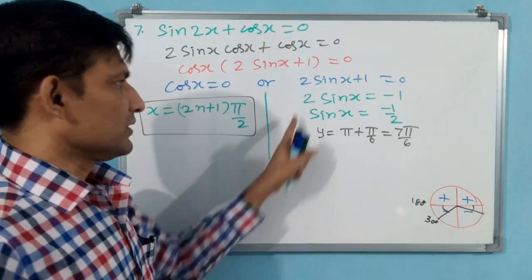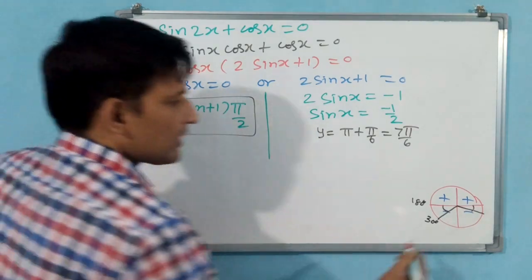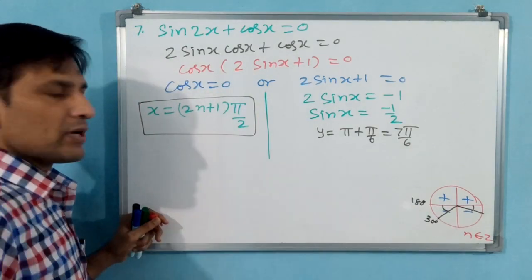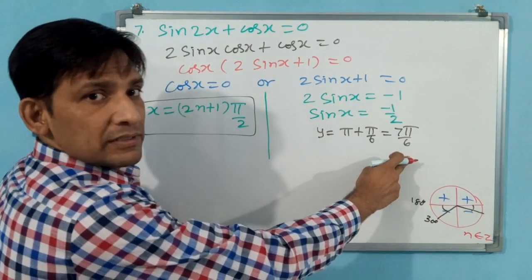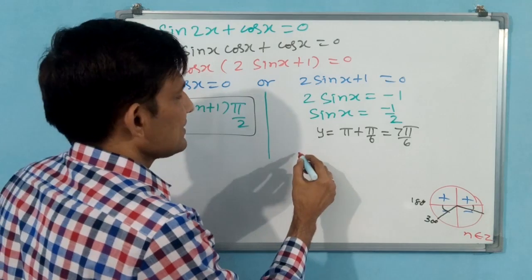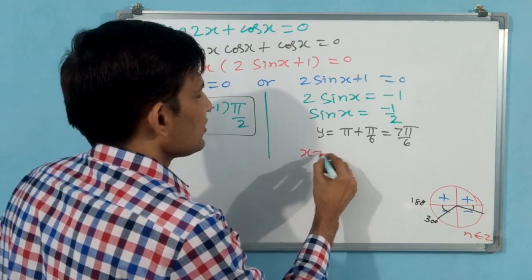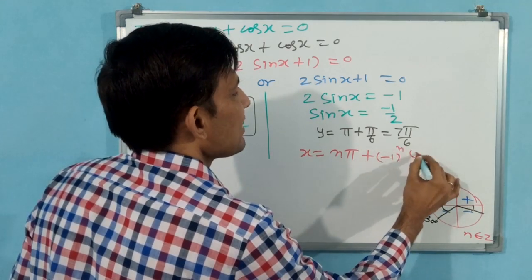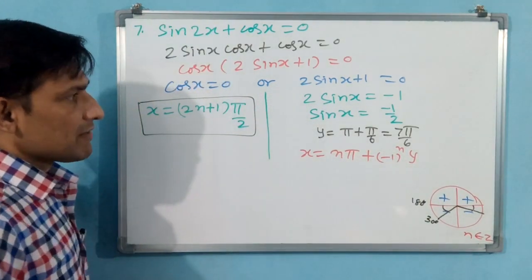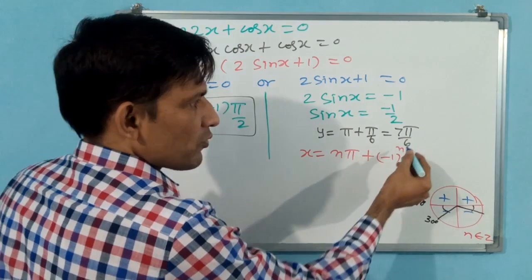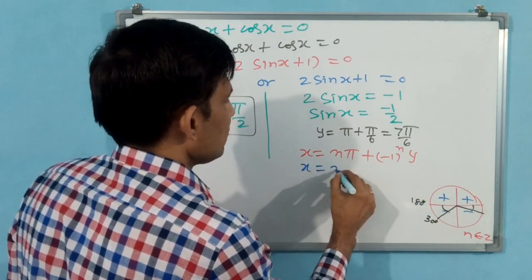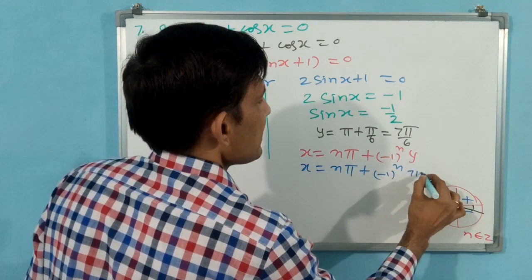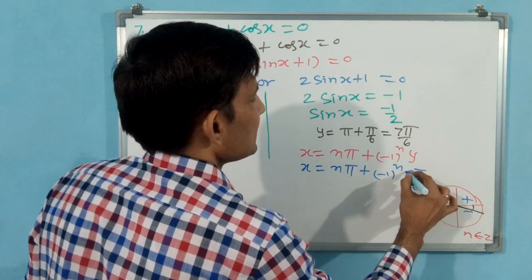Now you got y also. For all n belongs to Z, I am not writing again and again, but you have to write. You have received y. Then write the general solution for x. For sin x, the general solution is n pi plus minus 1 whole power n y. Then substitute the value: x is equal to n pi plus minus 1 whole power n, 7 pi by 6.